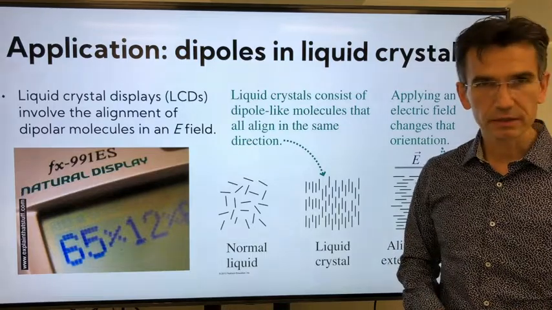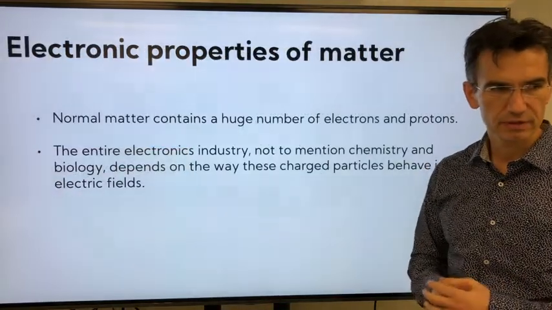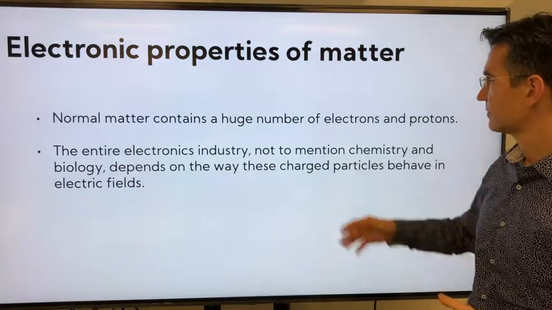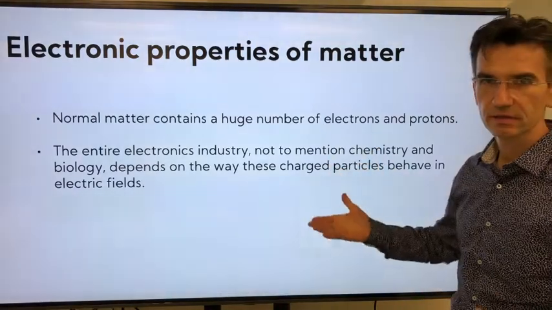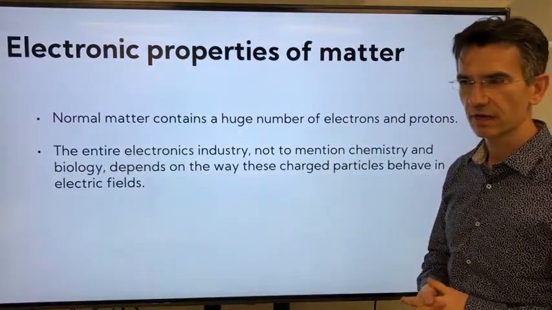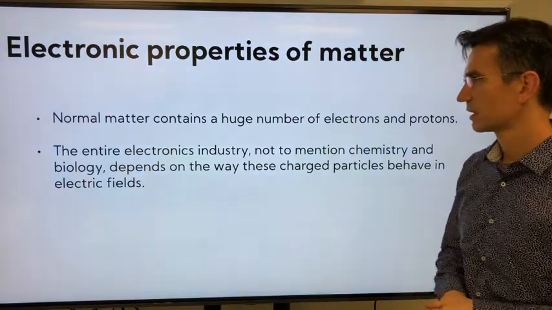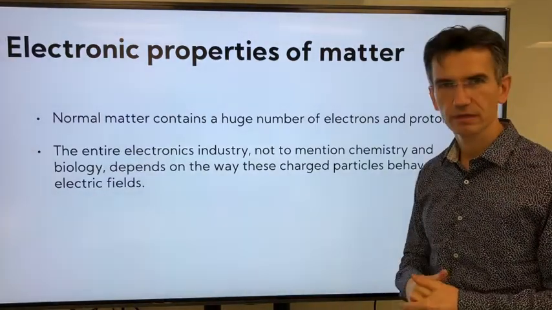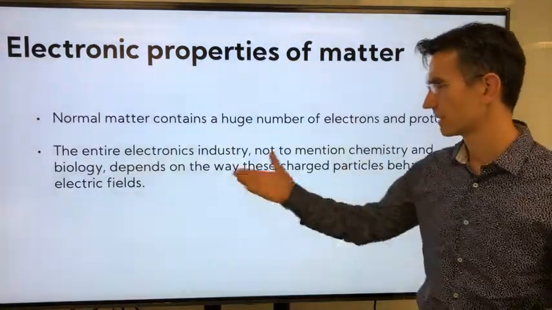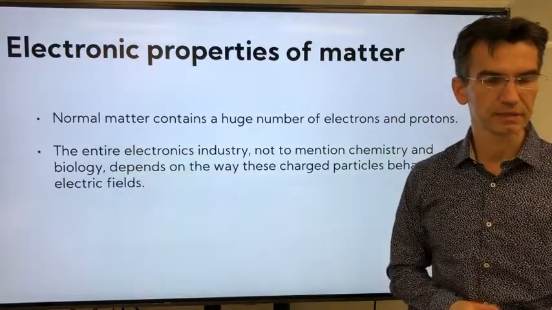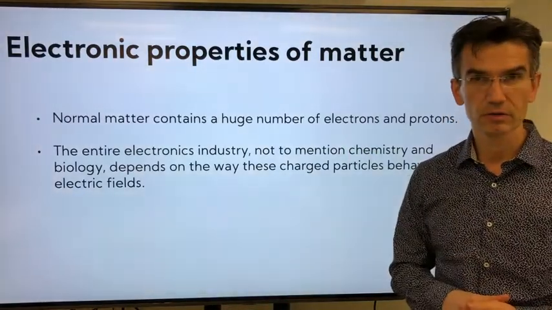Normal matter contains huge numbers of electrons. And it's, in fact, this constituency of matter that determines how interactions in chemistry and biology will take place on small scales.